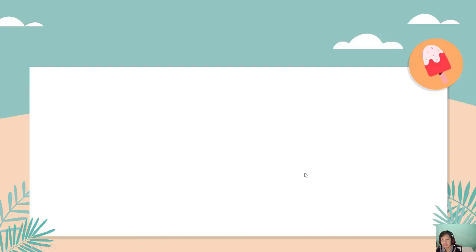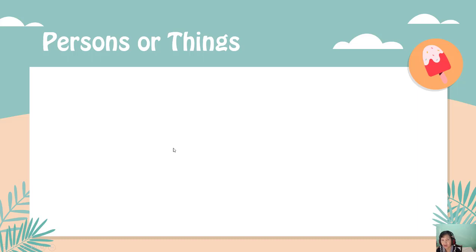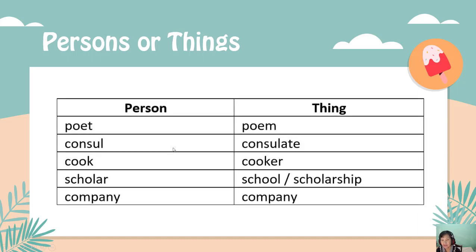Okay, continue. The last part is persons or things. Some students are confused whether this one is person or things, because the form of the word is almost the same. So you have to consult a dictionary if you are not sure whether this is person or thing.